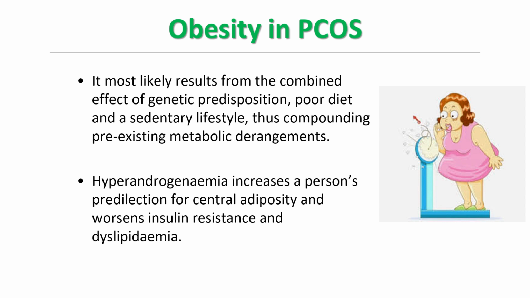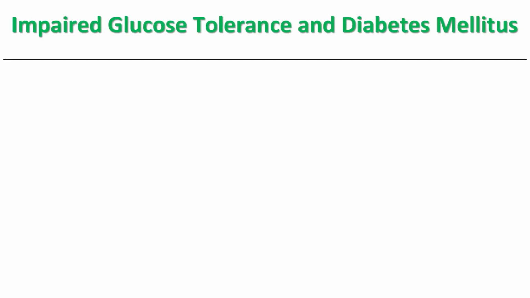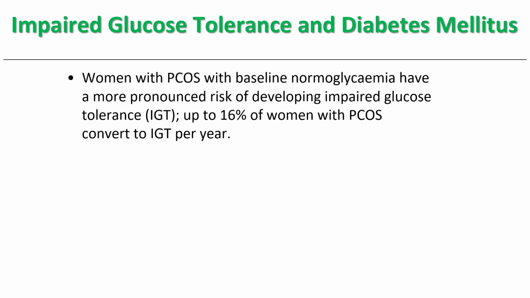Hyperandrogenemia increases a person's predilection for central adiposity and worsens insulin resistance and dyslipidemia. And there is impaired glucose tolerance and diabetes mellitus in these patients. Women with PCOS with baseline normoglycemia, as in normal sugar levels, have a more pronounced risk of developing impaired glucose tolerance, and up to 16% of women with PCOS convert to IGT per year.